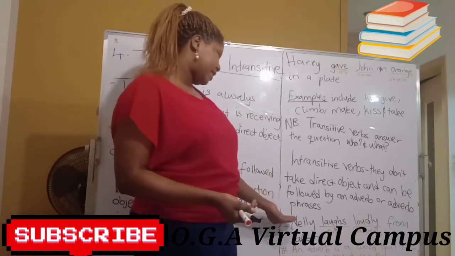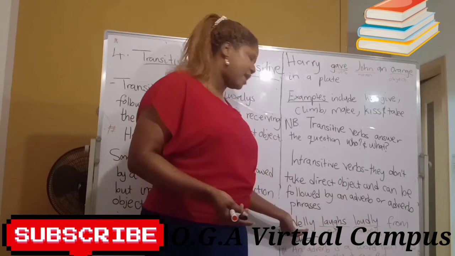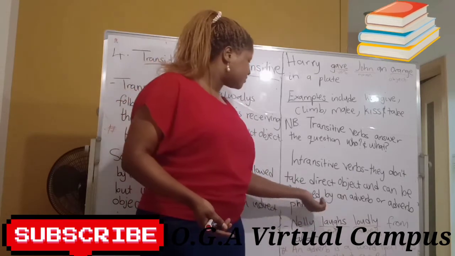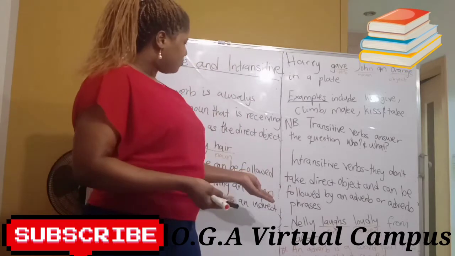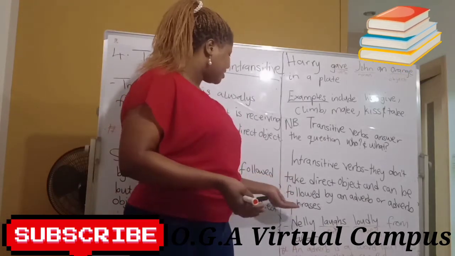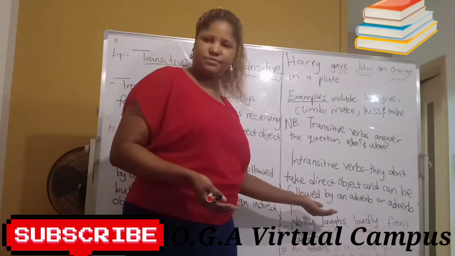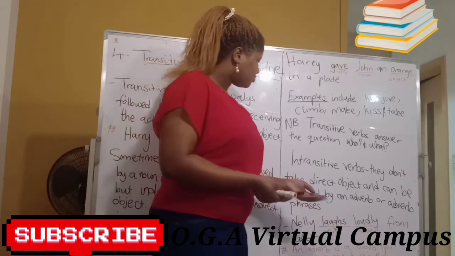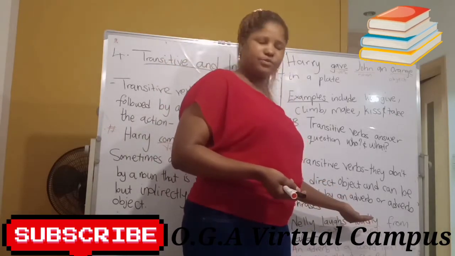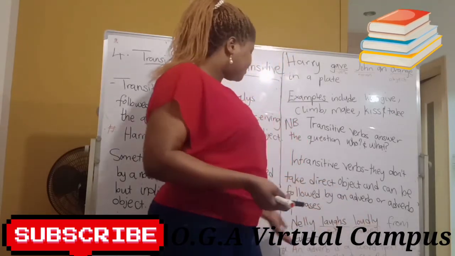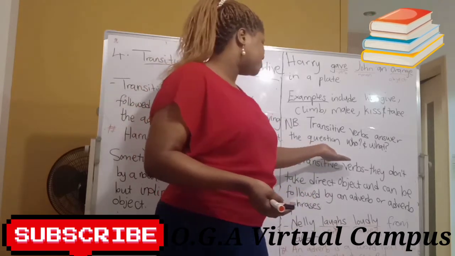For example here, Nelly laughs loudly from afar. Nelly laughs loudly from afar, okay? Now, which one is our intransitive verb? Laughs. And which one is our adverb? Loudly. Okay? So, you see that here, laughs is an intransitive verb.